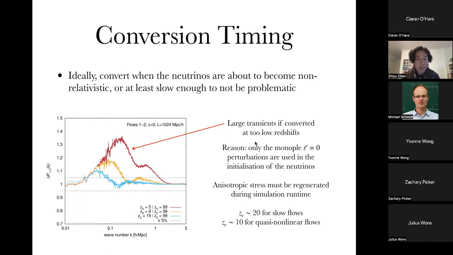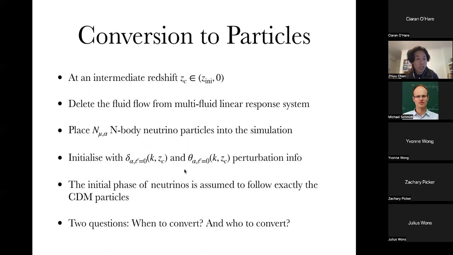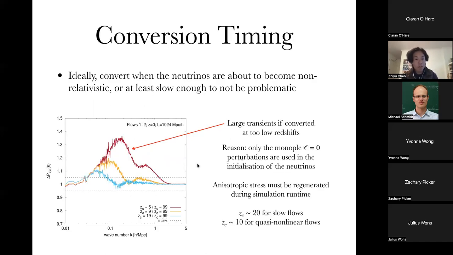It turns out that these artifacts come from the choice that we made to only use the monopole information to initialize the neutrinos. Each fluid flow is tracked by a large number of multipoles, and the higher ones include the anisotropic stress information, but we're only using the monopole to initialize them. So the N-body neutrino population must regenerate its own anisotropic stress during the runtime, and this takes simulation runtime.